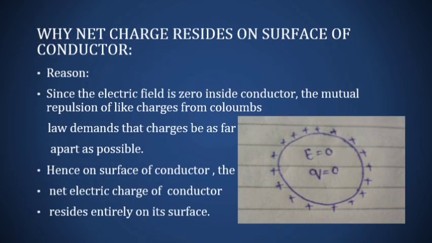The question arises, why does net charge reside on the surface of a conductor? The reason is that the electric field is zero inside the conductor, as the charge is equal to 0, and the mutual repulsion of like charges from Coulomb's law, which is given by F is equal to K Q1 Q2 over R squared, demands that charges be as far apart as possible, meaning the distance between charges is greater.